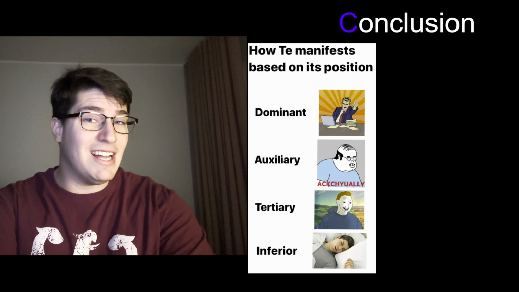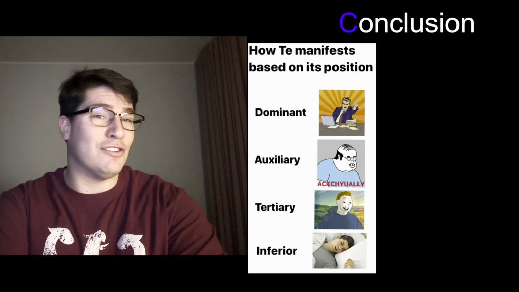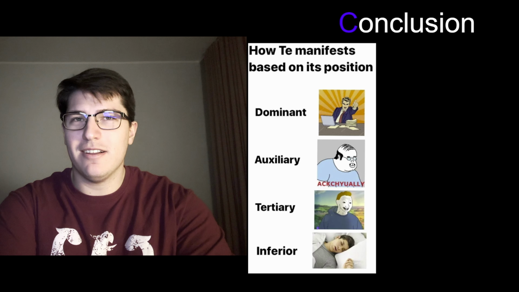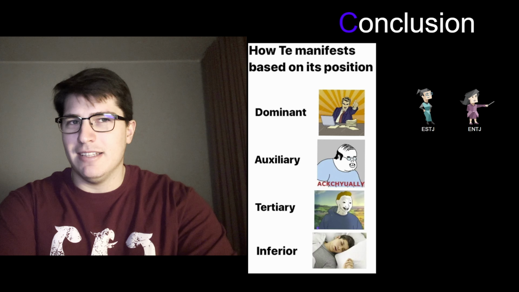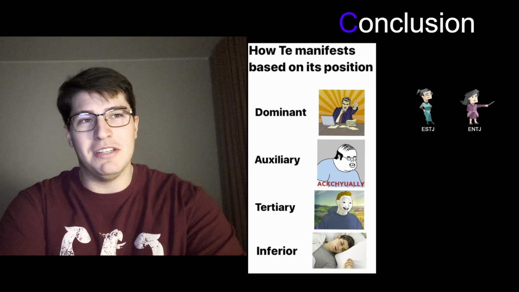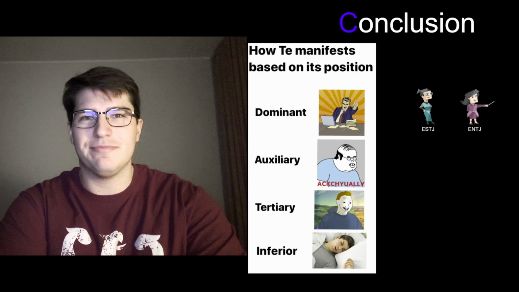So do you know the personalities that have the extroverted thinking as a dominant function? Those are ESTJ and ENTJ. They are somewhat bossy. ESTJs are the managers and ENTJs are the leaders. So you can imagine.